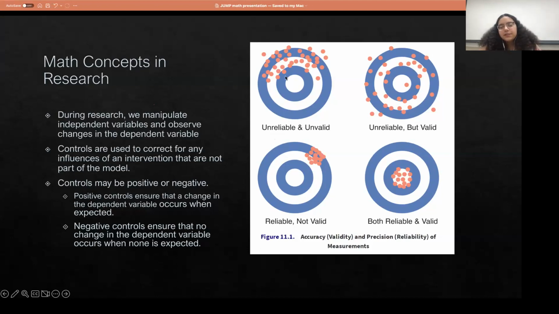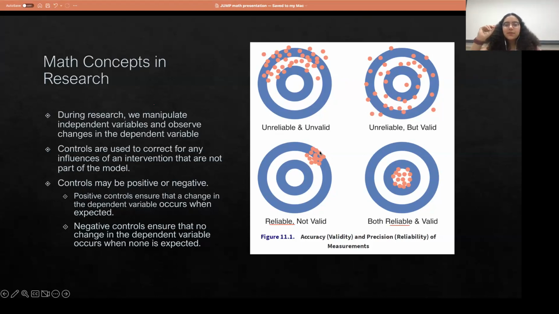So this diagram of the dartboard helps show it, but your reliability is how close together your darts are, in the sense that if I were to do this study again, would I still get the same thing that you did? So these two are unreliable because the darts are pretty scattered, but these two on the bottom are reliable since the dots are all kind of close together.